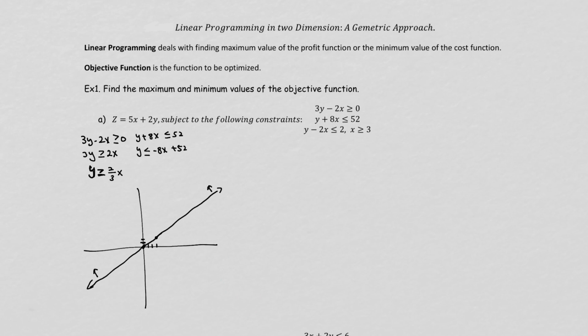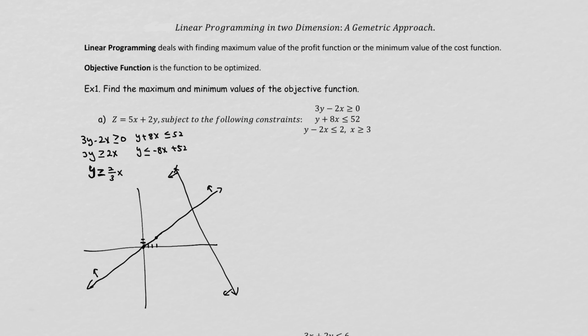Since I'm not going to go all the way up here to graph, let me just graph it from here. So that will give you something like this. And y has to be smaller, so y has to be in this area.